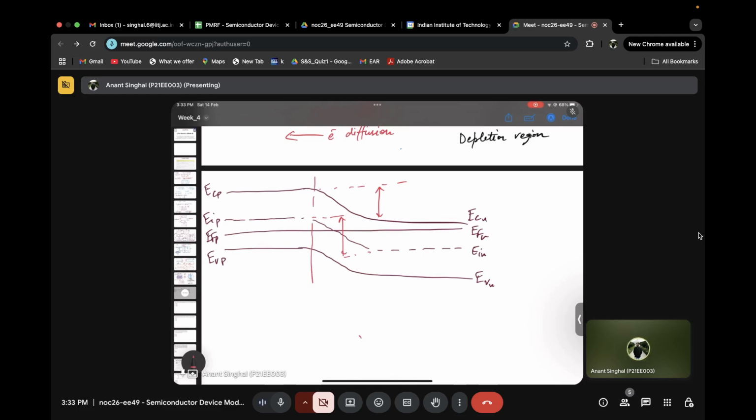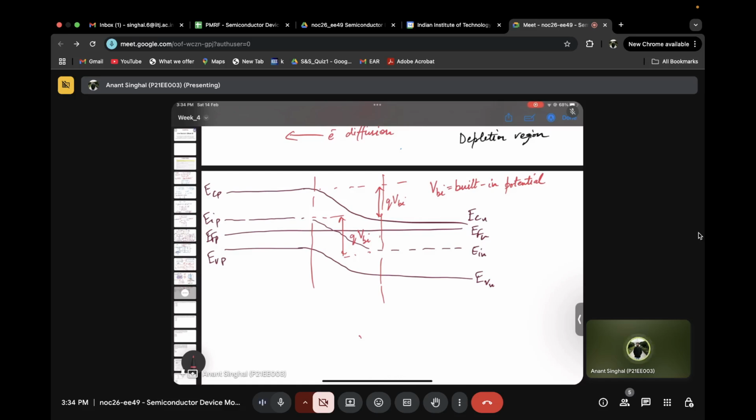And whatever this potential that is being changed inside the depletion region is what we call the built-in potential, and we denote this as VBI. So this is nothing but the built-in potential. If we try to find the value of this built-in potential, like what exactly is this barrier that is being created?